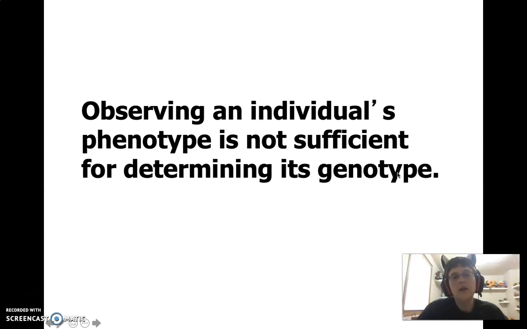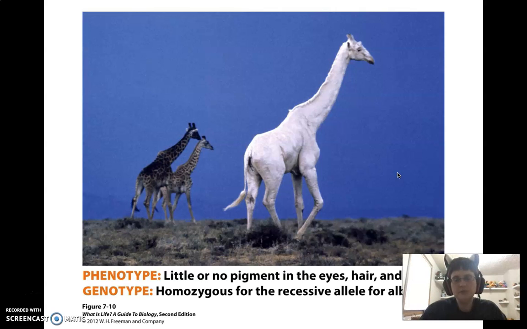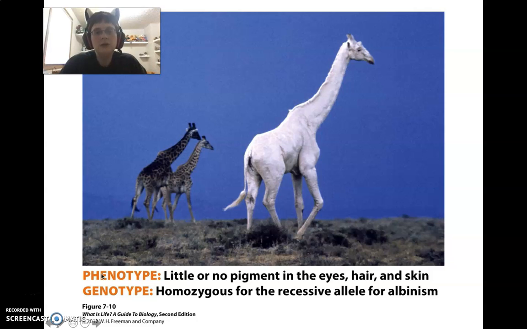All right. So the next thing I want to look at is that observing an individual's phenotype is not enough to determine its genotype. Now, I think we talked about these words a while back, but just to remind you, looking at this picture gives us an idea of the phenotype and the genotype.